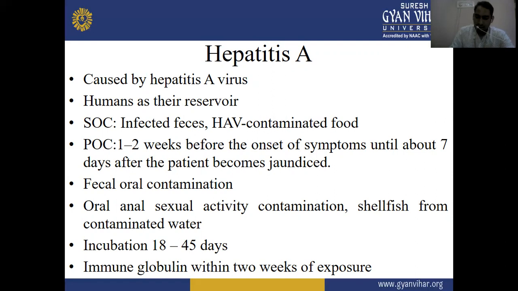HAV means hepatitis A virus. The period of contamination is 1 to 2 weeks before the onset of symptoms until about 7 days after the patient becomes jaundiced.